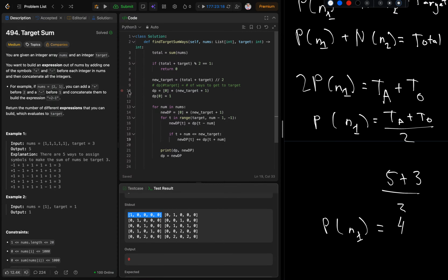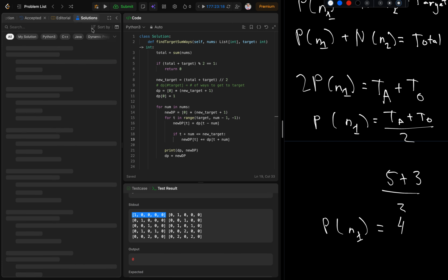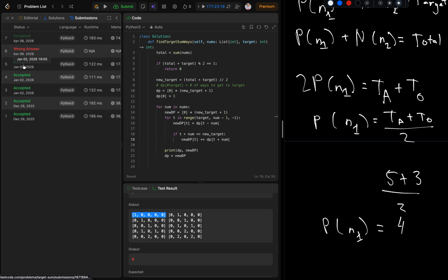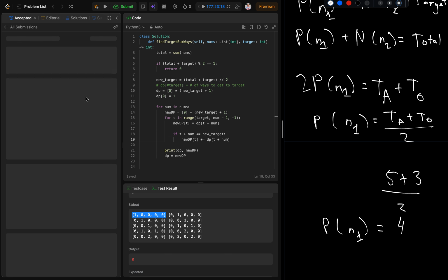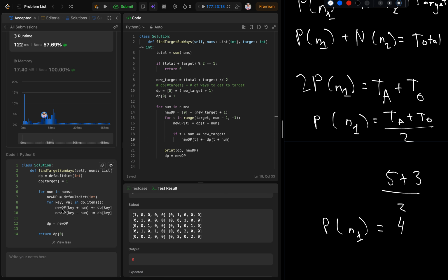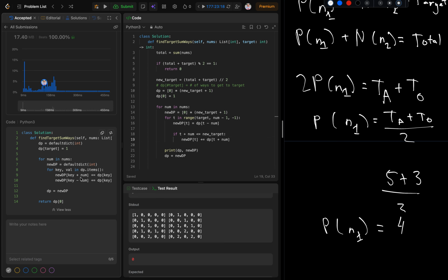I think this one is just a lot easier if you do top down. I'm not too sure about the solution to this using bottom up dynamic programming, but I did do this one, which is top down, and it's a lot easier in my opinion. What was this one?